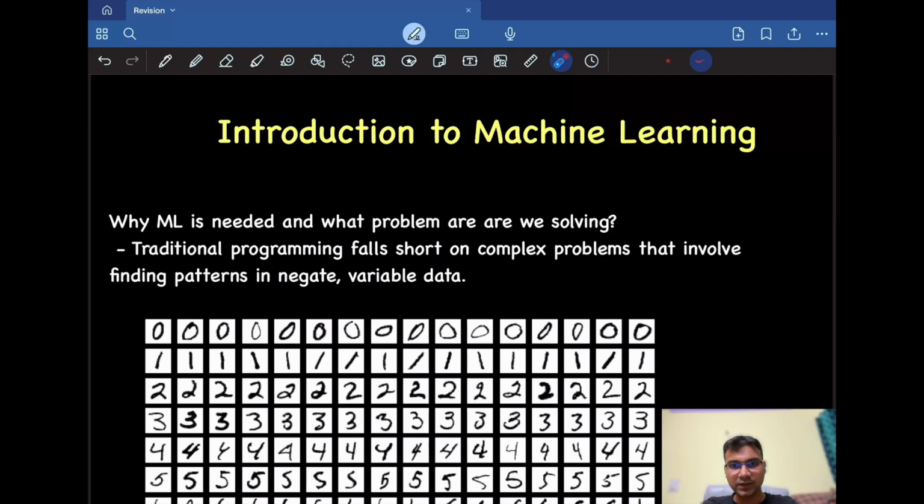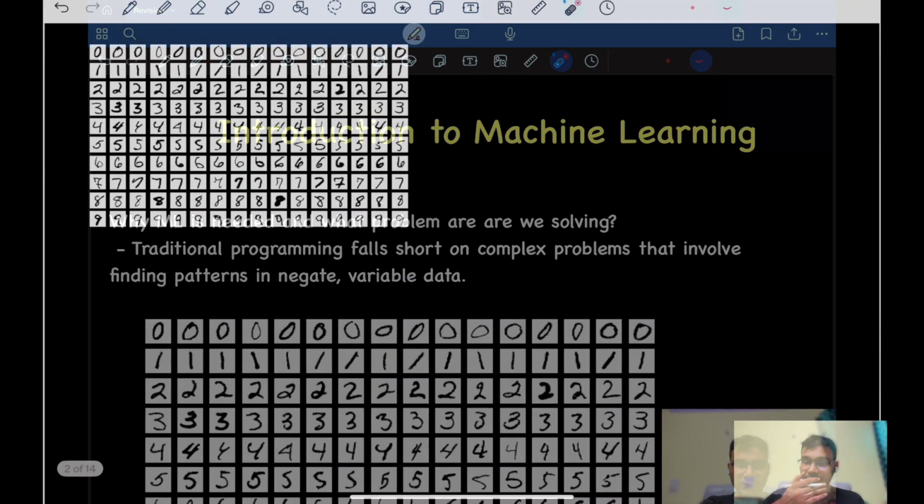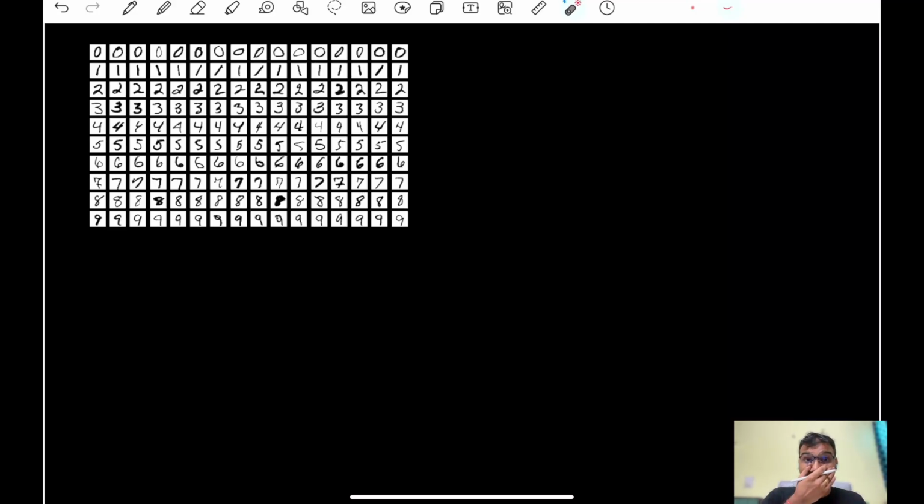Along the way, we will see what concepts are used in that. We will understand the intuition behind it, and you will get a basic background of how a model actually works. We are already aware of what problems machine learning can solve which cannot be solved using traditional programming.